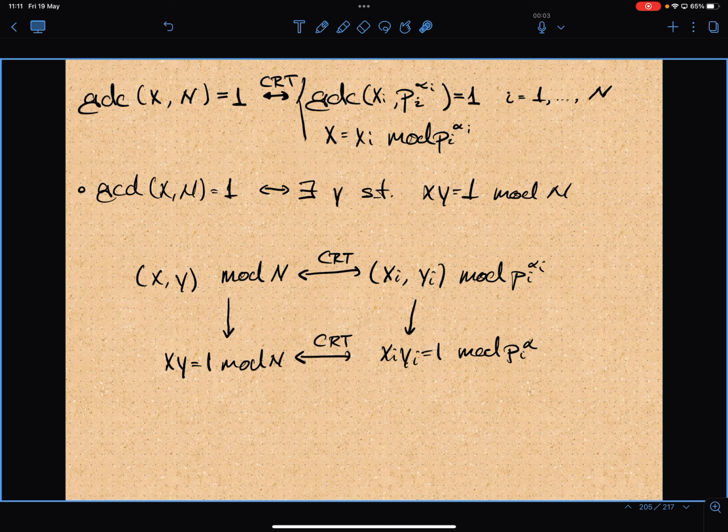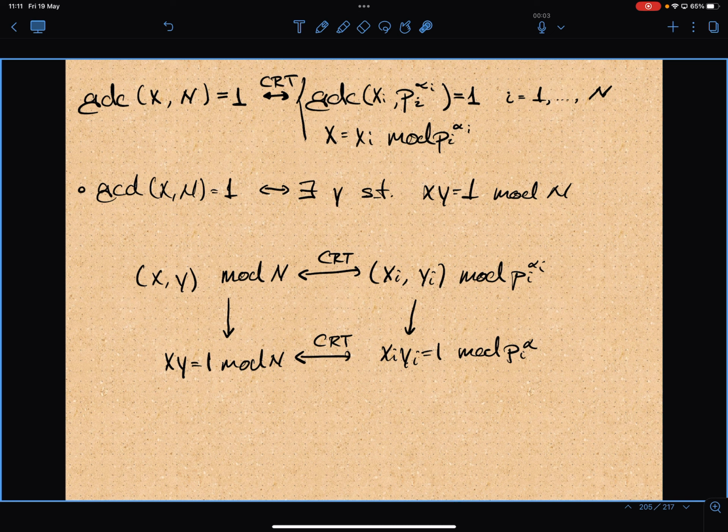And this is where the fact that the Chinese remainder theorem respects the multiplicative structure comes in. Because if we can find an inverse on one side of the bijection, then we're going to be able to find an inverse on the other side of the bijection. So that means that the GCDs are going to be equal to 1.